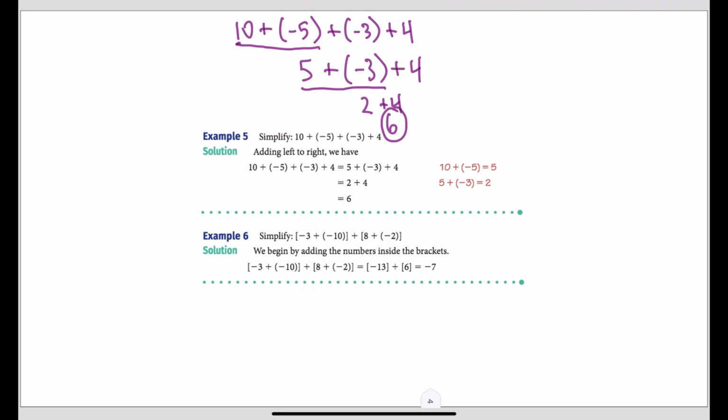Now let's look at this other one here. Brackets, negative 3 plus, in parentheses, negative 10, close parentheses, close bracket, plus, in brackets, 8 plus negative 2, in parentheses, close bracket.